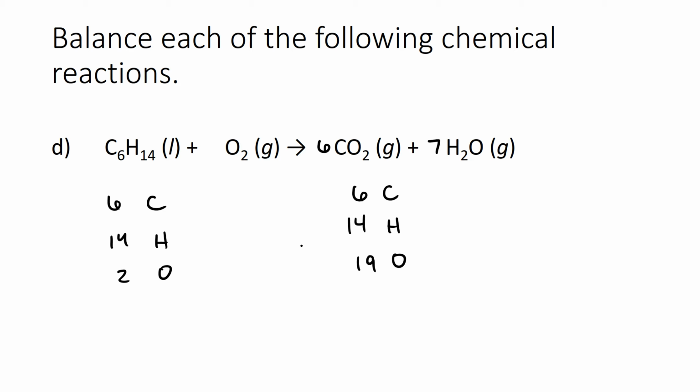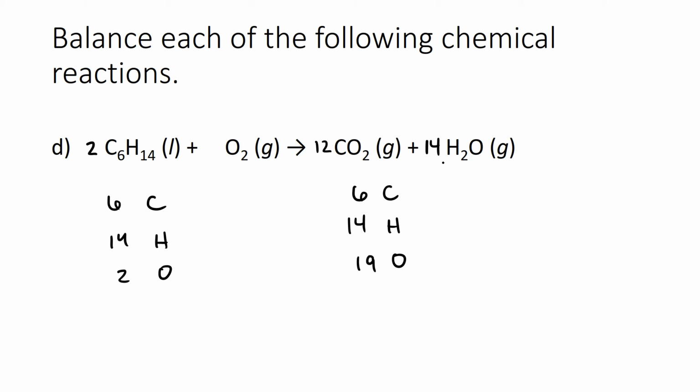Okay. Now, no matter what number we put in front of this oxygen, we're not going to be able to get to 19. So one little trick that we can do is we can just double everything. If we put a 2 in front of this, we change this 6 to a 12, and this 7 to a 14.